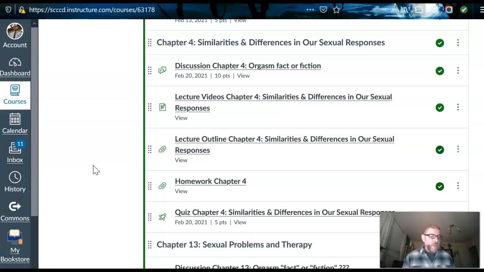Now we're also going to take a look here too at some important differences, because it does say similarities and differences between females and males of our species when it comes to this sexual response. And one thing you're going to learn about right away is that when it comes to the guys, things are pretty simple and straightforward, but female sexuality, at least for most females, can be a lot more varied and complicated.